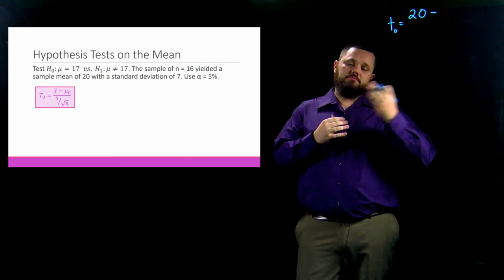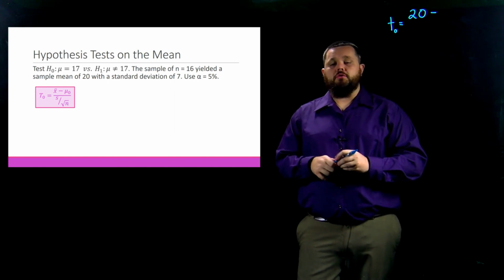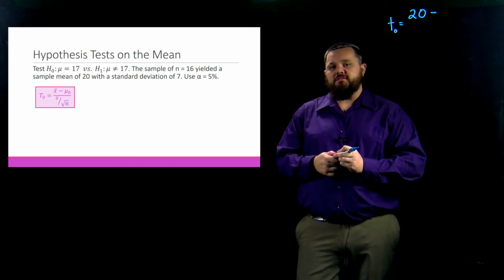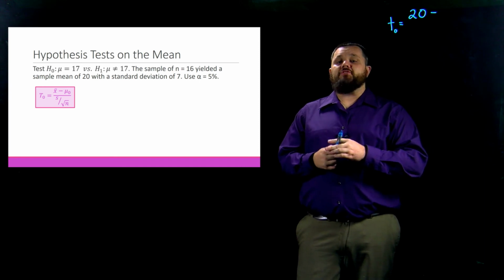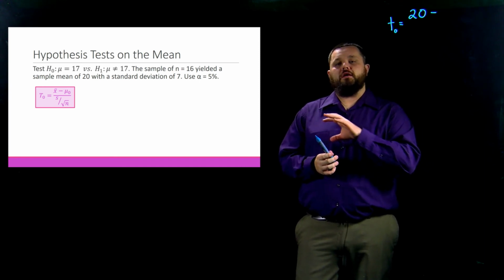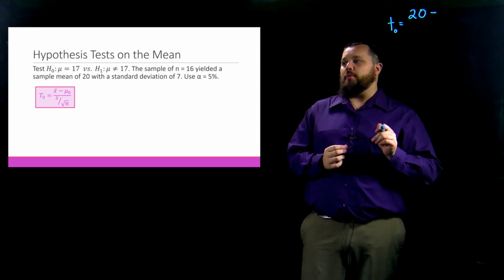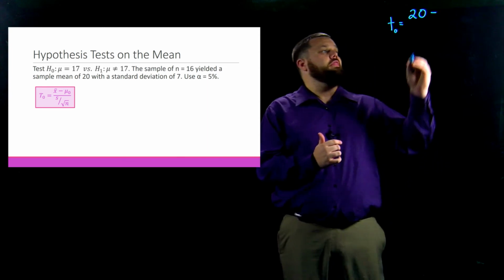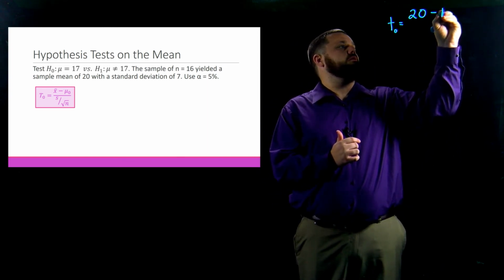When you get to other types of hypothesis tests, it might be p naught or whatever. That's always the value that we're testing against, the value that comes from our hypotheses. In this case, that's going to be 17.